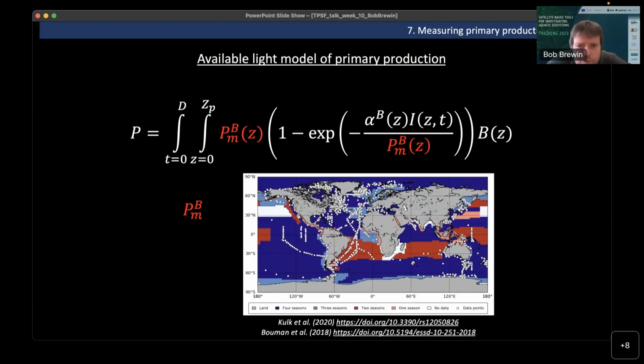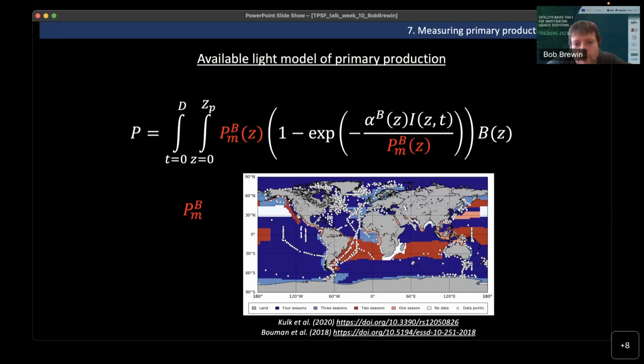Now, another approach that has had a lot of success, and goes back to that map I showed you by Alan Longhurst, the first global satellite estimates, is to use biogeographic provinces or biogeochemical provinces. These are regions of the ocean which are relatively homogeneous.